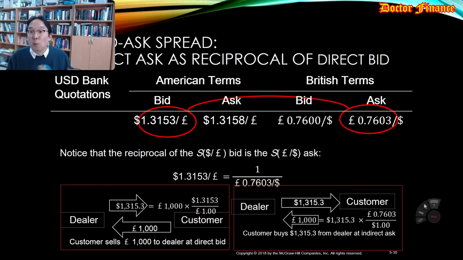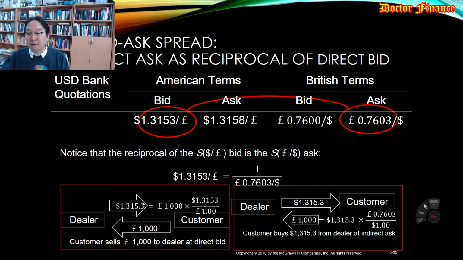starting with 1,000 British pounds, going to the dealer and wanting to buy US dollars, right? Then the dealer has to buy British pounds from you at his bid price. From his perspective, you get the US dollars and then you want to sell it to him at the ask price, right?